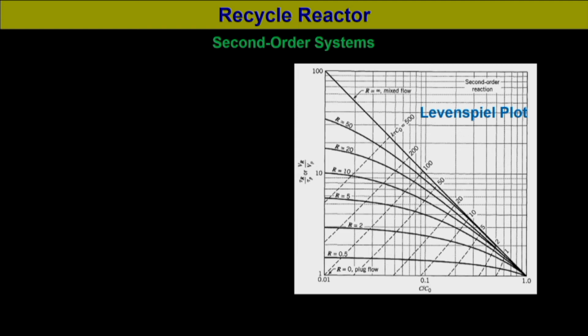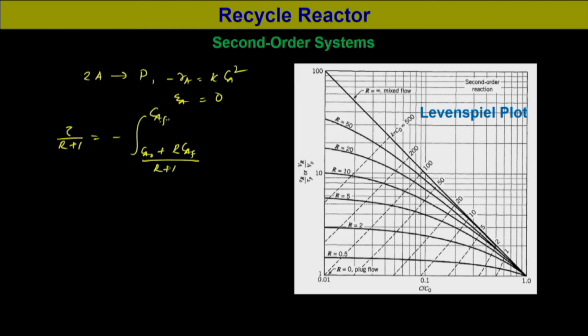So, for a second order system, say 2A gives product, with -rA equal to k CA squared and epsilon A equal to 0, we can write tau by R plus 1 equal to minus the integral from (CA0 plus R CAf) divided by (R plus 1) to CAf of dCA by (k CA squared).